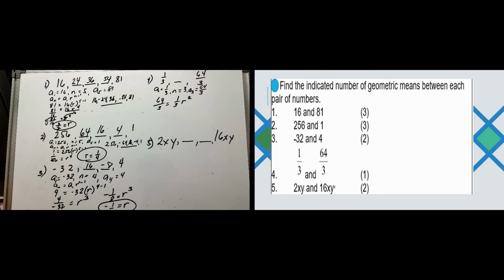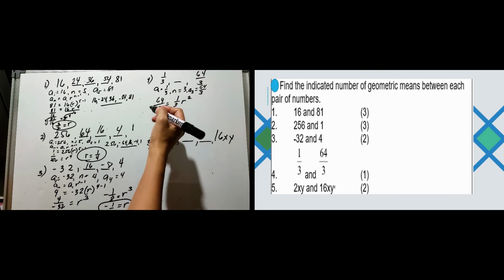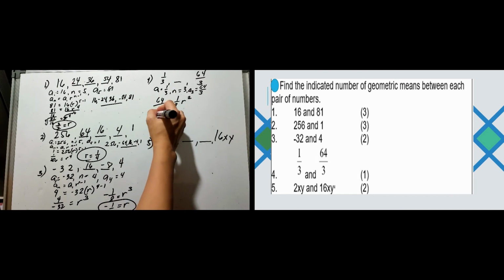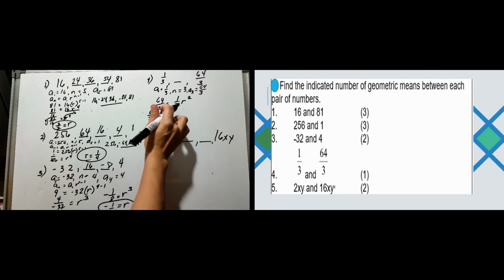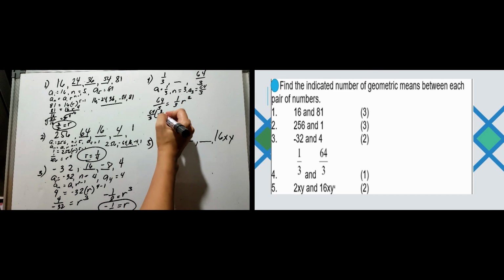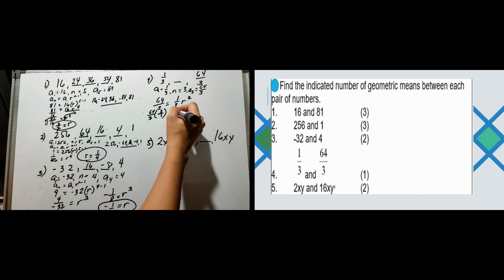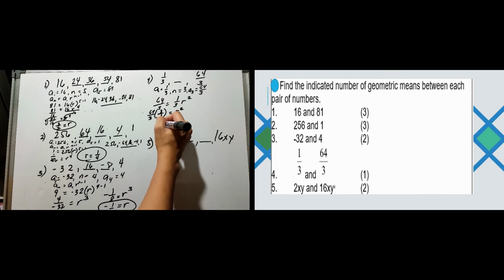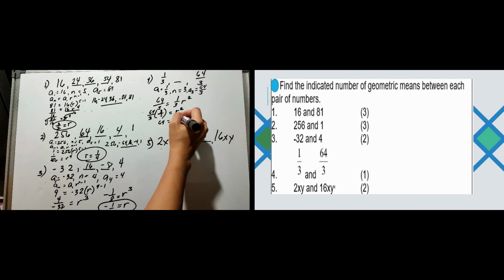Then, going to divide 64/3 by 1/3, it will be 64/3 times the reciprocal of 1/3, which is 3/1. So it will be 64 r squared.